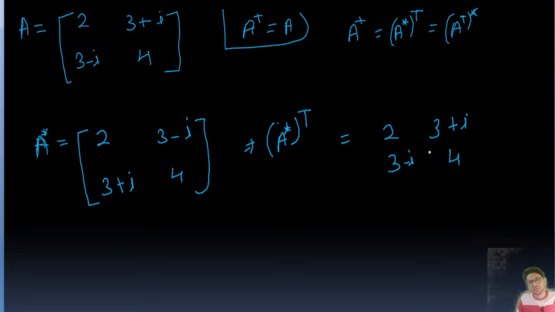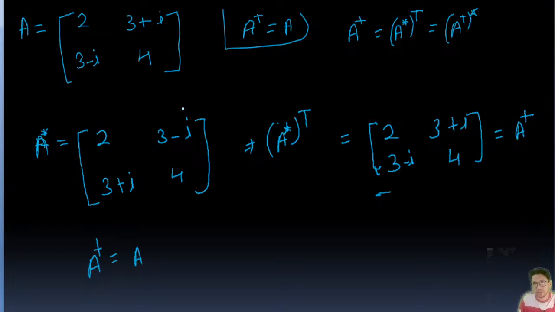This is A dagger, and A is also the same. A and A dagger are the same, which means this matrix is a Hermitian matrix. We have verified this.